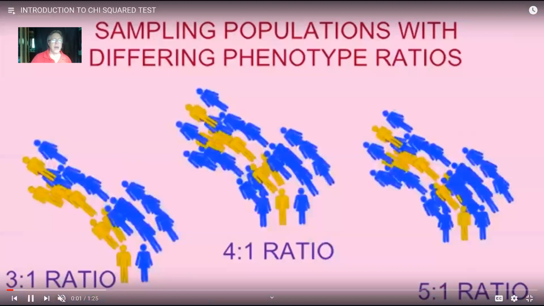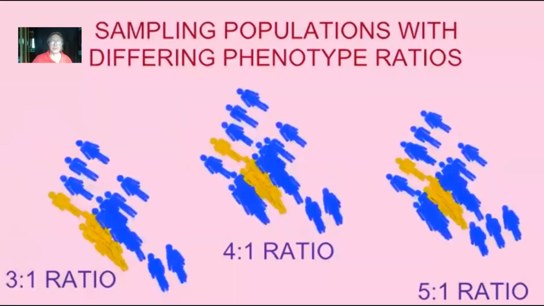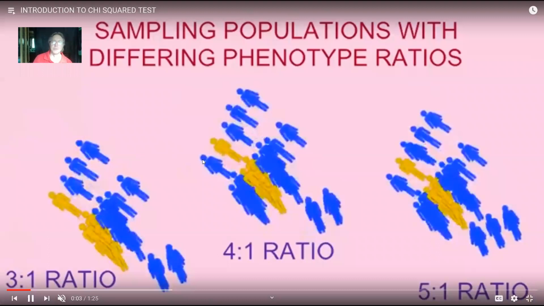Now, as I'm sure when you go through lab reports, many of you have perhaps done this before, if you're expecting a certain ratio, I'm expecting a 3 to 1 ratio, I'm expecting a 9 to 3 to 3 to 1 ratio. Well, here's the problem.